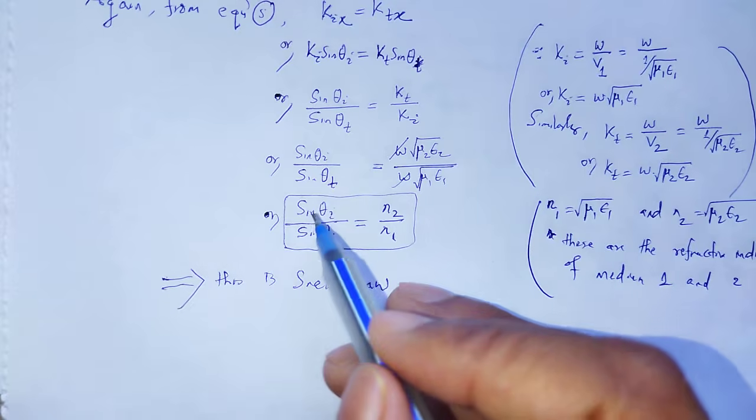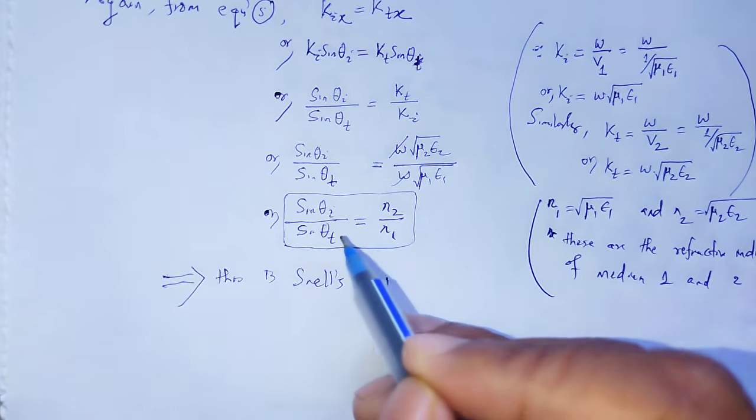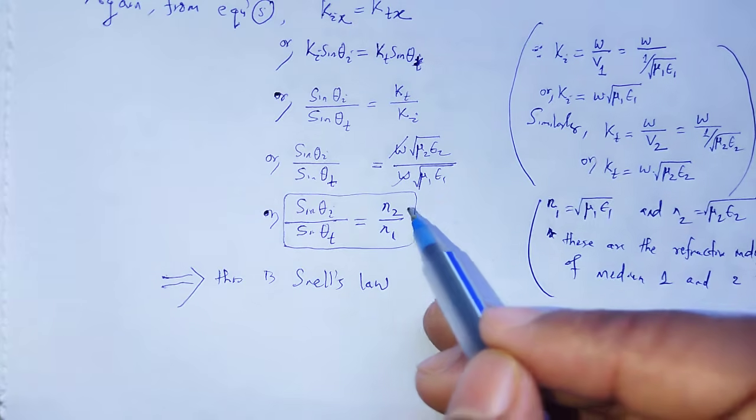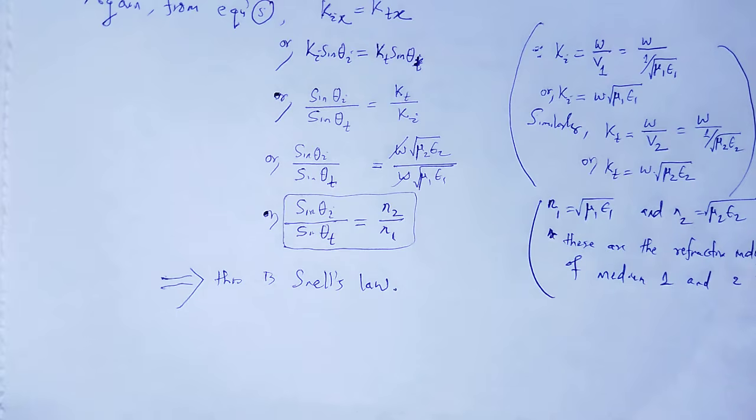The sine of the angle of incidence to the sine of the angle of refraction is nothing but a constant, which is the refractive index of one medium with respect to another.